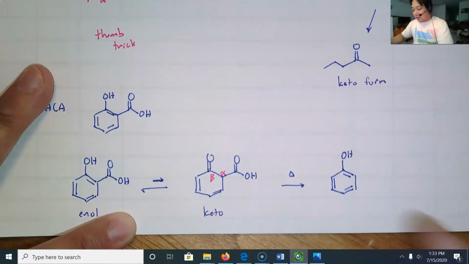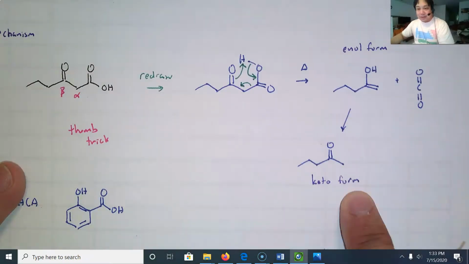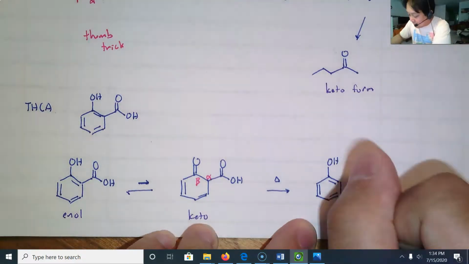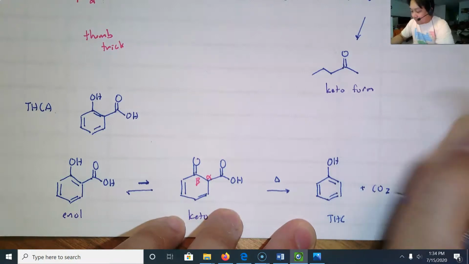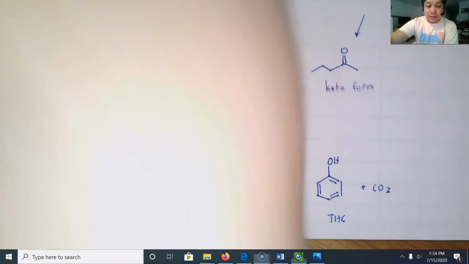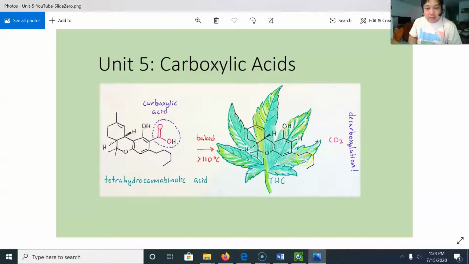See, normally you would convert the enol version of the molecule into keto. But in the case of THC, you're going to keep it like this. And we got rid of CO2. You're going to keep it like this. So when we take a look at that picture, you still have essentially a phenol molecule right here, phenol.